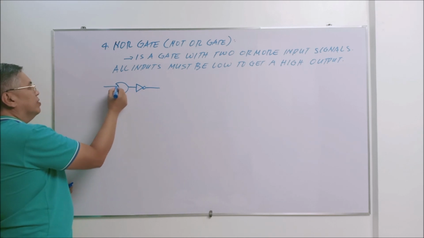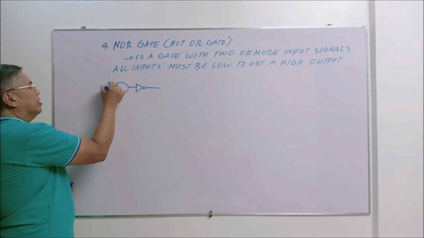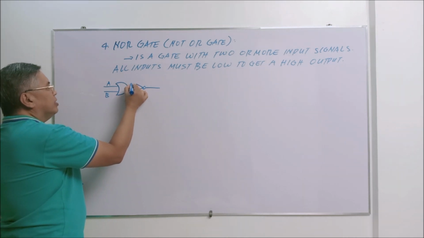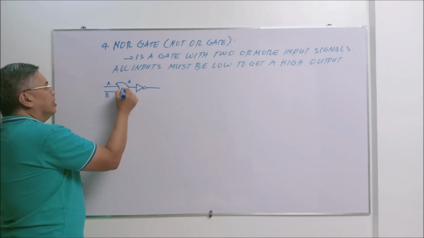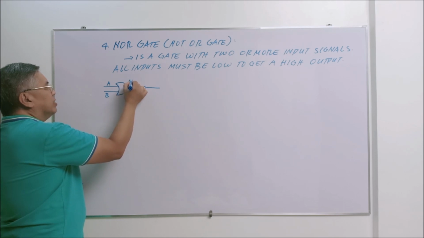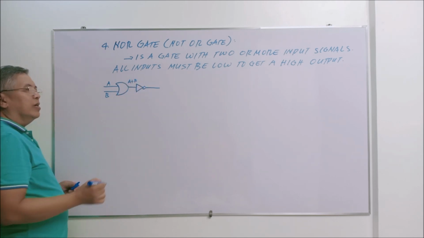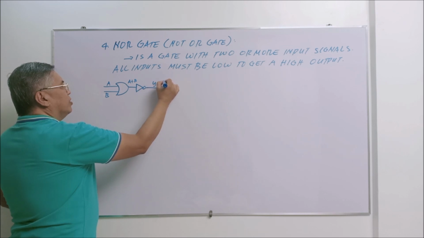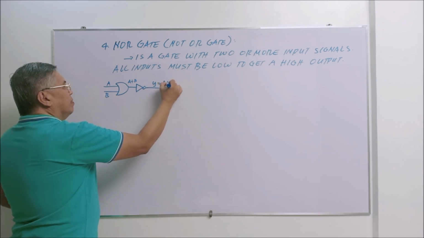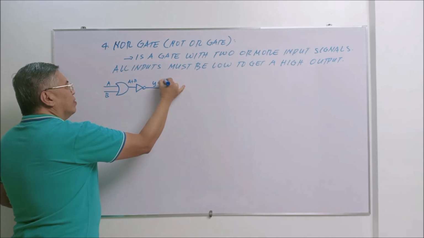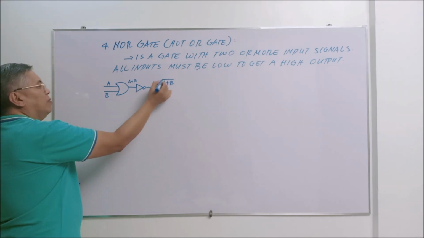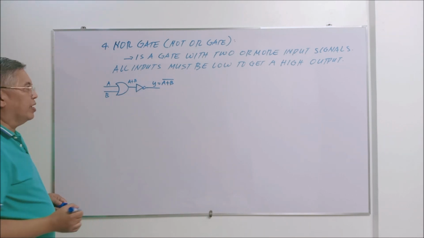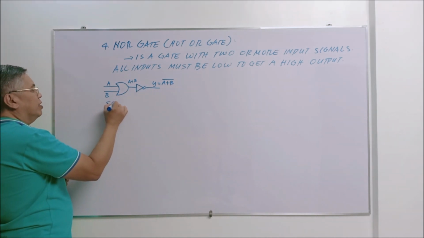You have two inputs represented by A and B again, and the output here is A plus B. The output of your inverter becomes Y, which is equal to (A plus B) complement, because the complement here represents your inverter.